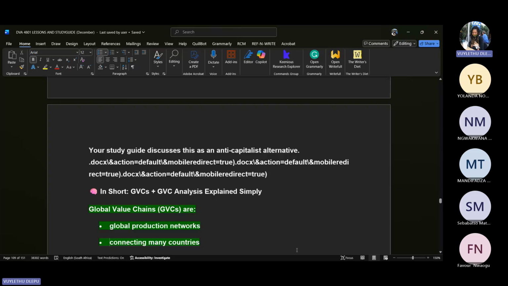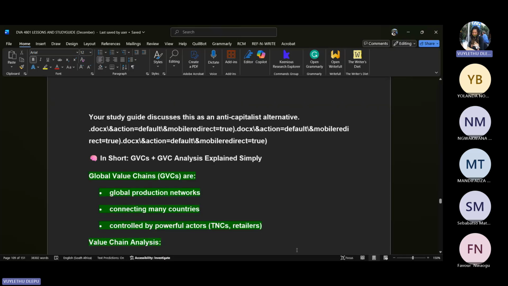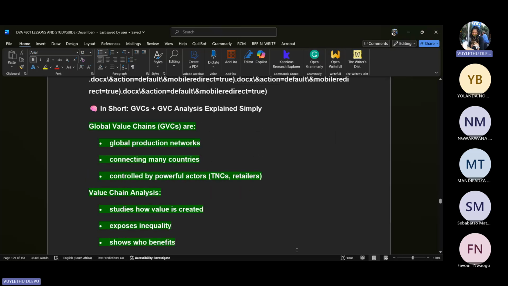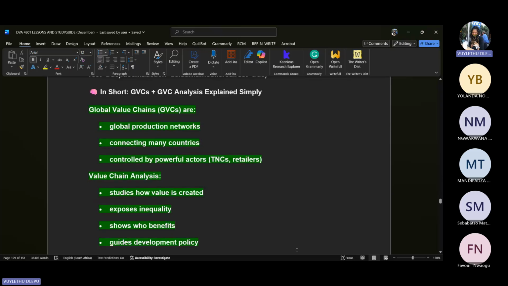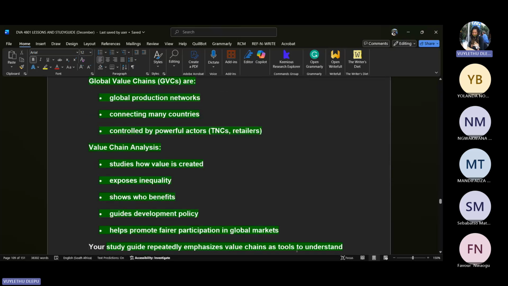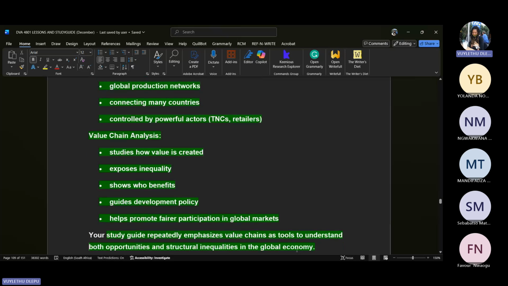So GVCs, global value chains, are basically global production networks connecting many countries controlled by powerful actors. Those are GVCs. And then the global value chain analysis studies how value is created, exposes inequality, shows who benefits, guides development policy, helps promote fairer participation in global markets.